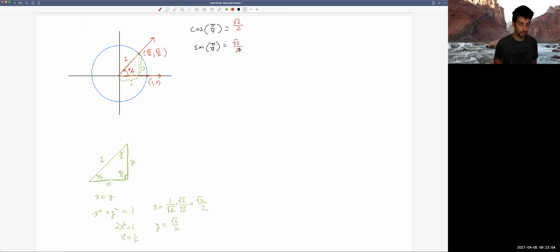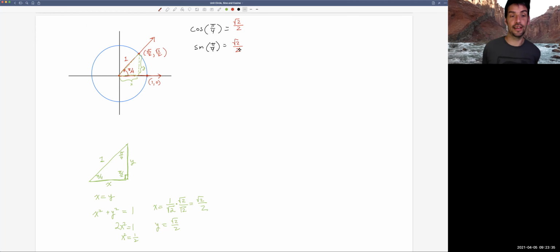Okay, so that's our definition. I'm going to say it one more time. When we have to find the cosine and sine, let's just do one at a time. To find the cosine of an angle, you start with a unit circle centered at the origin of an xy plane. You place the angle you're interested in finding the cosine of in standard position.